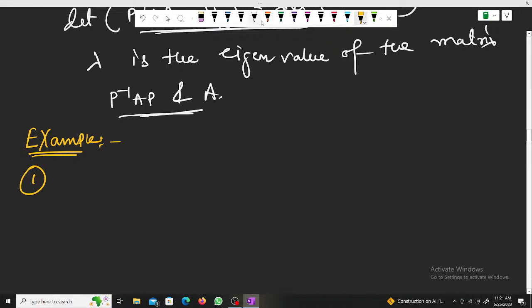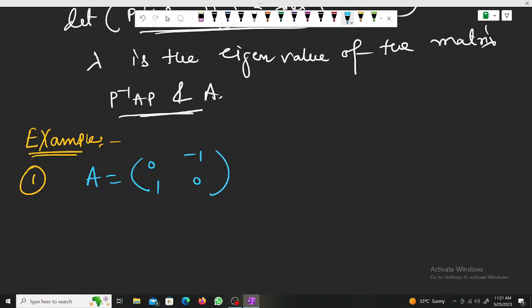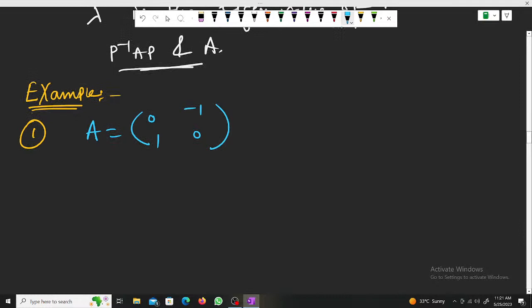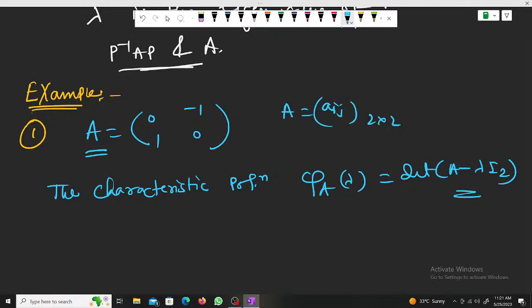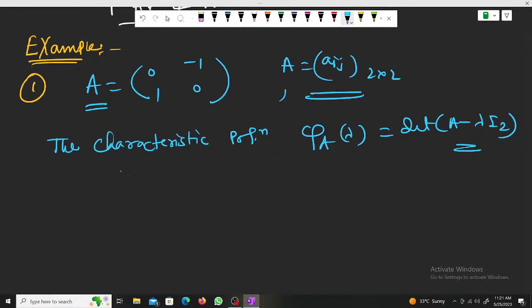Number one, suppose I gave a matrix A as 0 -1 1 0. The characteristic polynomial of a matrix A, what will it be? Suppose phi of A lambda is determinant of A minus lambda I 2, since this is 2 cross 2, A is a 2 cross 2 matrix, that means the identity element will be I 2. Then the characteristic equation, meaning the equation, is this equals to 0.